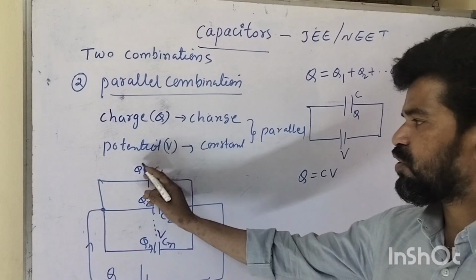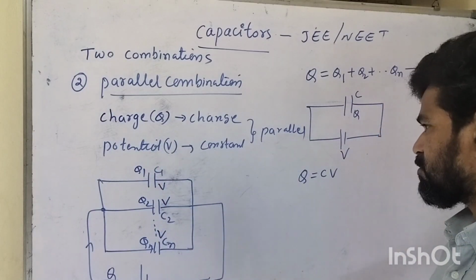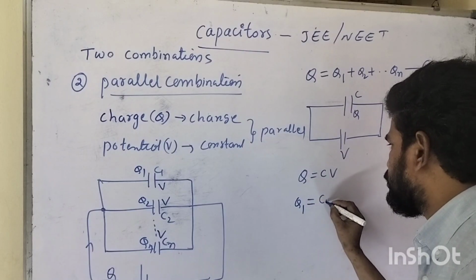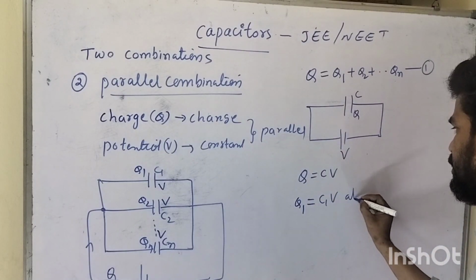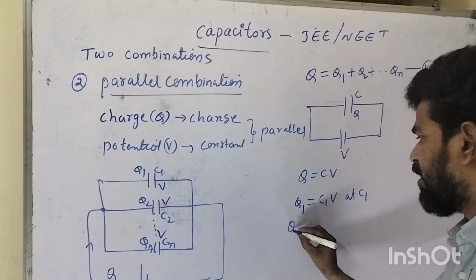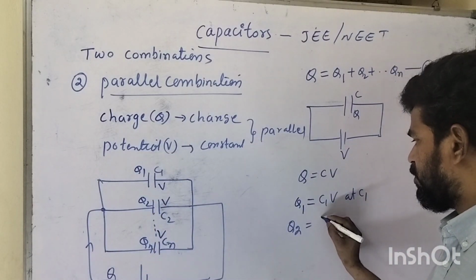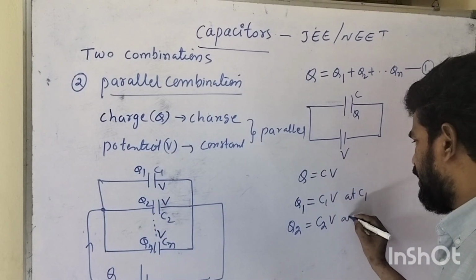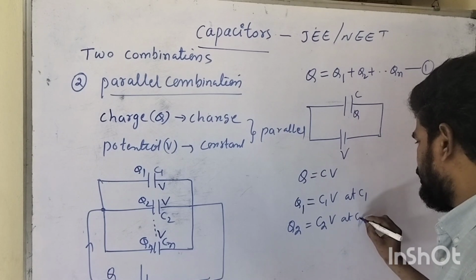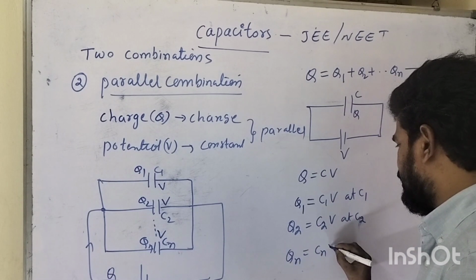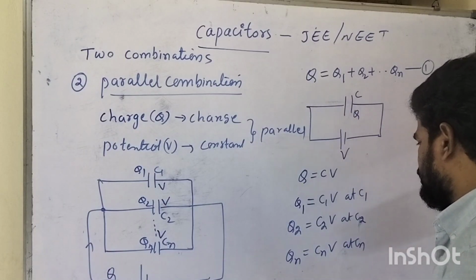And now what is the charge at C1, the first capacitor? Therefore Q1 is equal to C1V at C1, and similarly Q2. Now what is Q2? So Q2 is equal to C2V at C2, and Qn is equal to Cn into V at Cn.